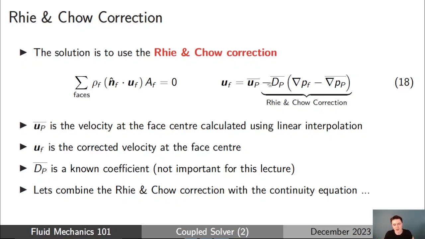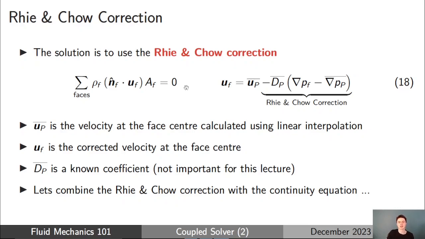We take the value with linear interpolation, and then we subtract a coefficient dp, which we don't really need to understand for this talk, multiplied by the difference between the pressure gradient across the face and the pressure gradient interpolated to the face center. This might look a little bit confusing, and if you want more details, definitely go and watch some of my other videos on the Rhie and Chow correction. But for this talk, all we're going to do is use the Rhie and Chow correction and substitute this formula into the continuity equation, and that's going to allow us to get around that saddle point problem in the pressure-based coupled solver.